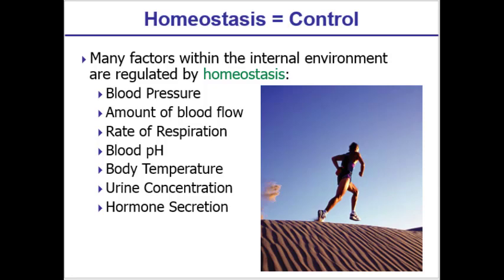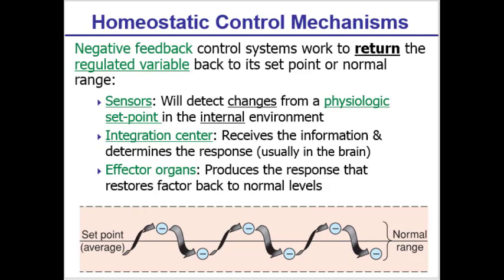And how we gain control for homeostasis to regulate our internal environment is through a process called negative feedback. These negative feedback control systems are going to make adjustments in order to lessen the impact of major external disturbances or changes, like going for a jog in the desert.